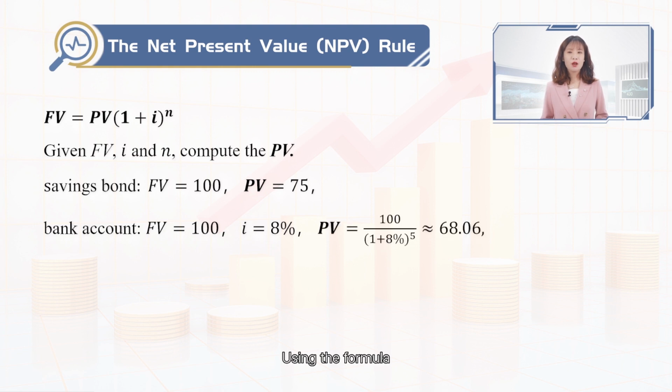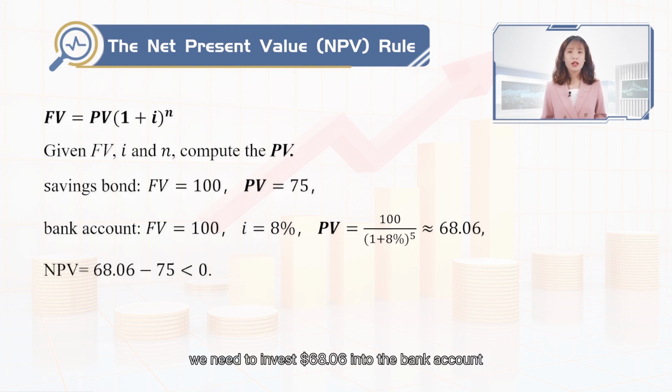Using the formula, PV is equal to 100 over (1 plus 8%) to the fifth, which is about $68.06. This means in order to get $100, we need to invest $68.06 into the bank account. But we should invest $75 in the savings bond. We can conclude that investing in the bond is not worthwhile.